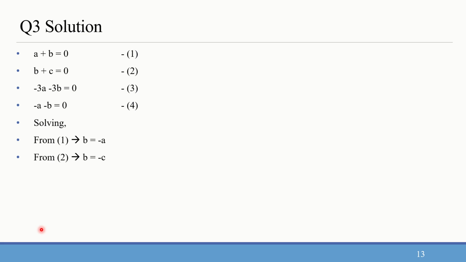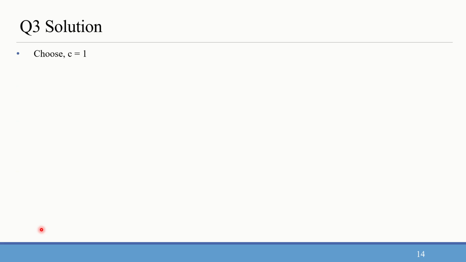Here we can take 1, 2, 3, whatever it is, but now we are taking it as 1. Since a is equal to c, we are choosing c is equal to 1.